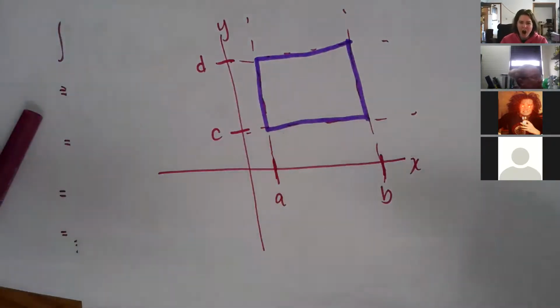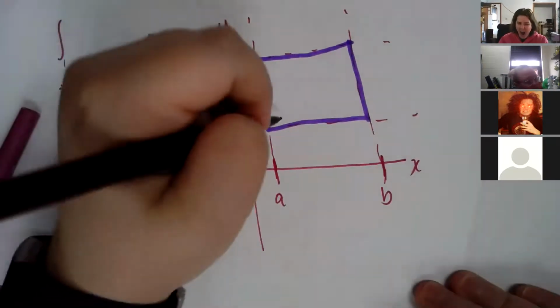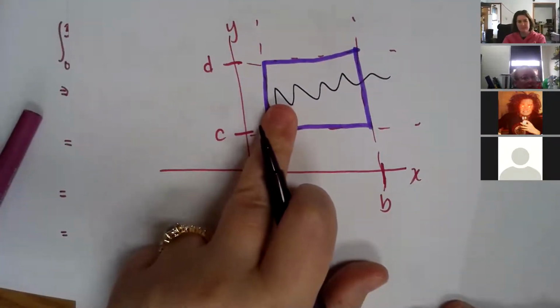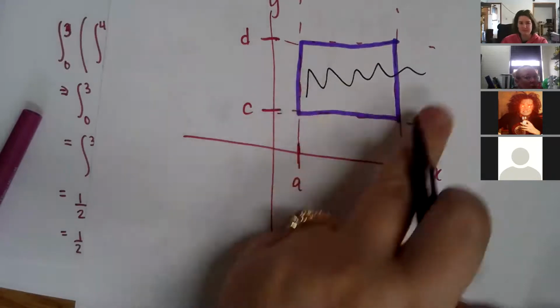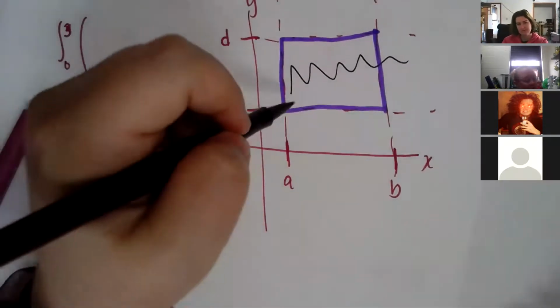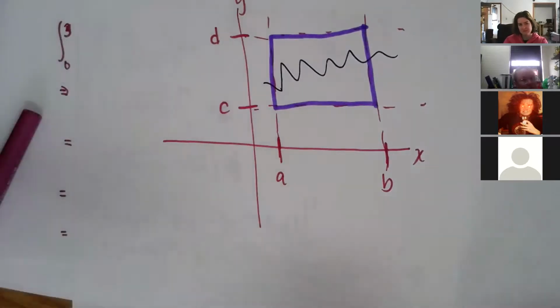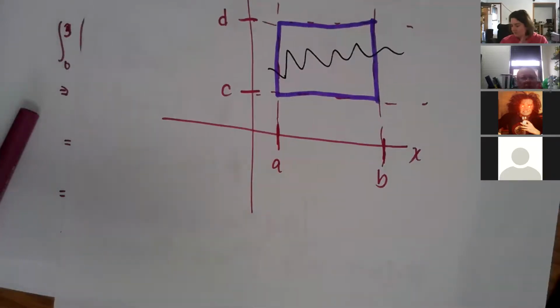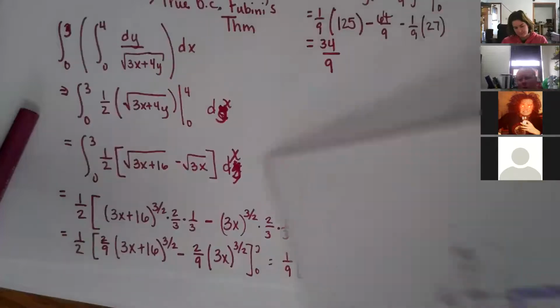And if I have some function in there that is continuous and differentiable, I can switch these guys. So it's just taking a snapshot of that function in those bounds. So it won't matter who I integrate with respect to first. Does that make sense? Yeah, okay.